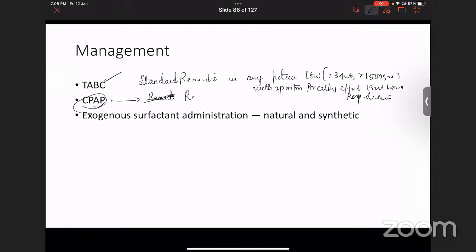Most of the time CPAP helps if it is given as early as birth.